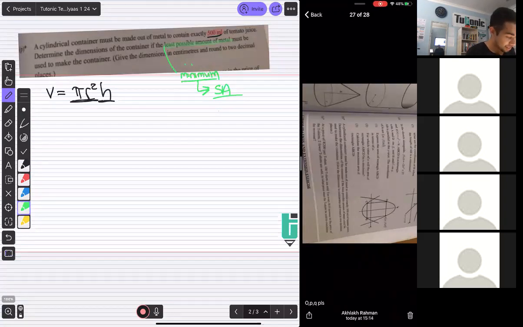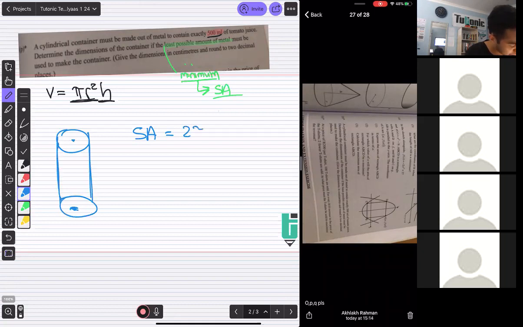So what's the equation for surface area? If you've got a cylinder, it's going to be the two circles plus this. So it's 2 pi r squared. Diameter is pi d times h, right?